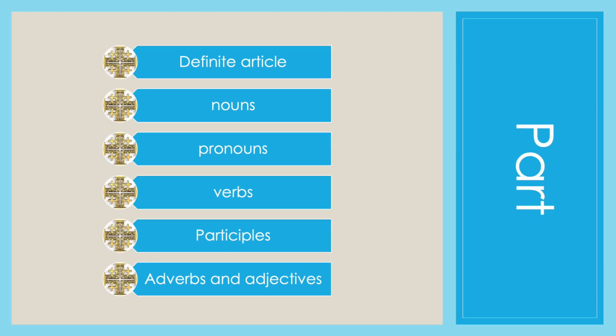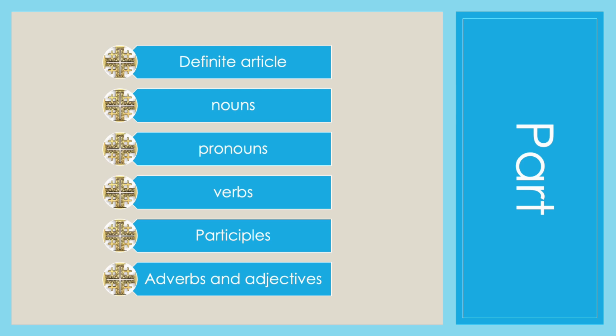So what do we mean by part? Well, it is basically the type of the word and where it belongs in the sentence. A definite article, in English this is usually the word the. A noun, which is going to be an object, a person, a name, a city, something like that. A pronoun, such as he or she or you or we.